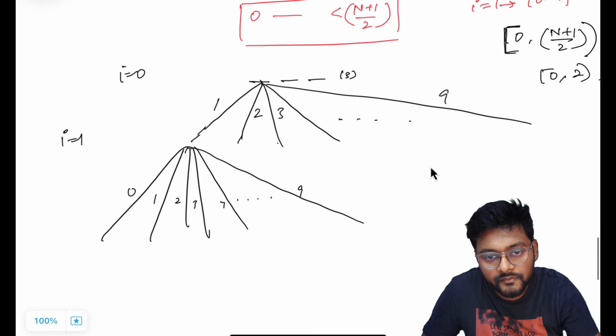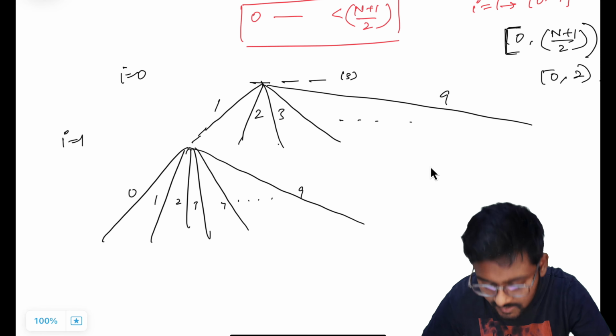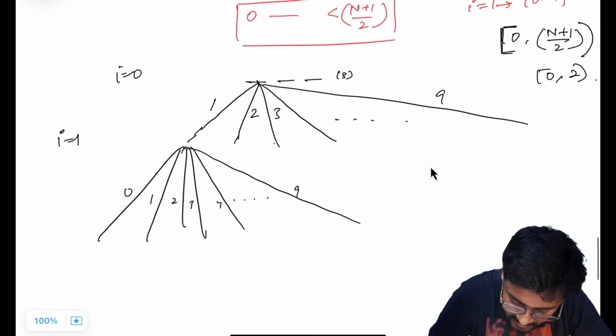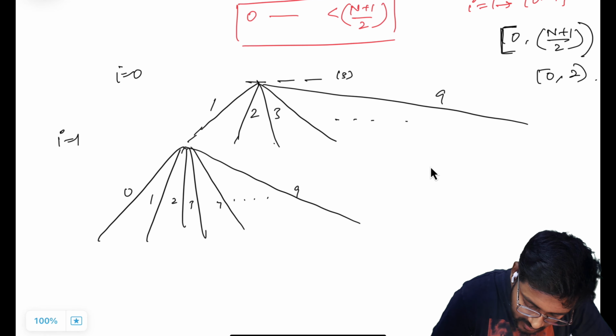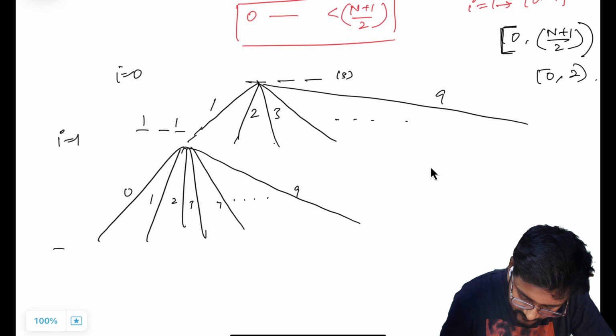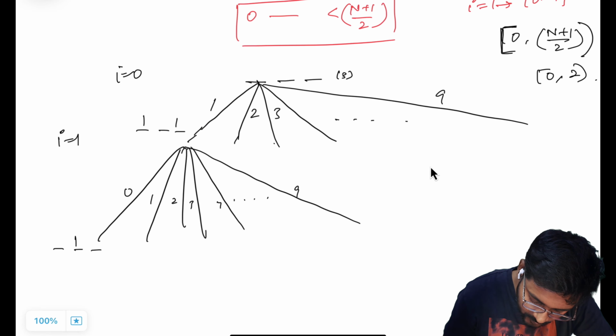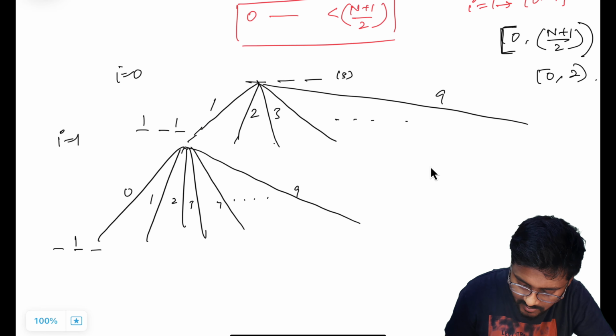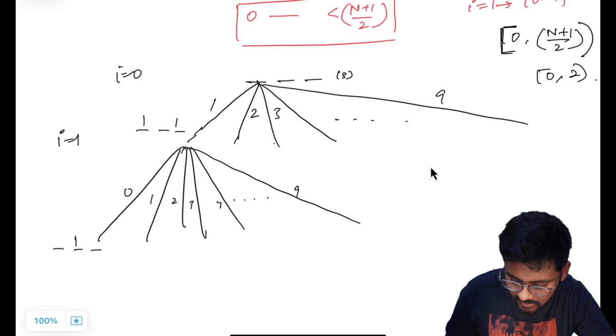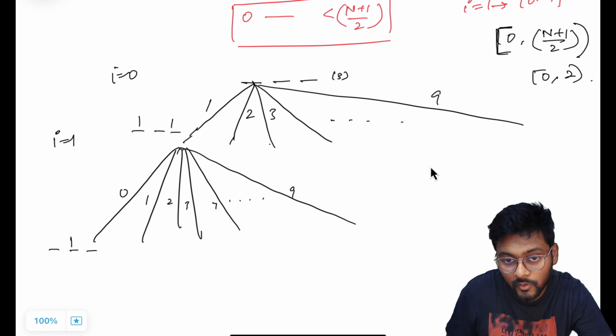capture the result. And how am I generating the result? See, it is a 3 digit number. So when I'm picking 1, I am placing 1 at first and last. When I'm picking 0 at index 1, I'm placing it at index 1 and index 1 again. Index 1 means second element from starting, second element from ending.